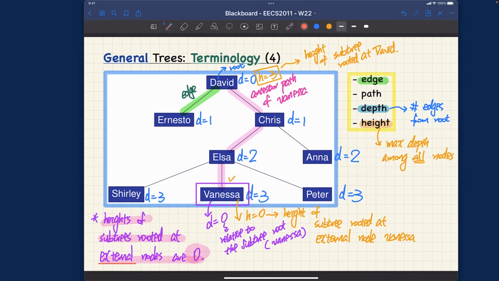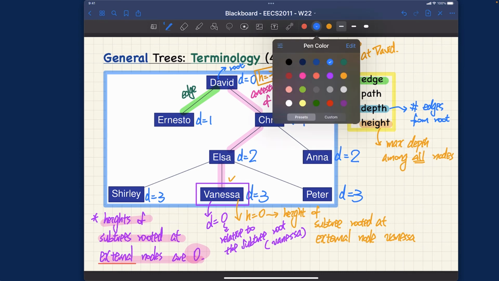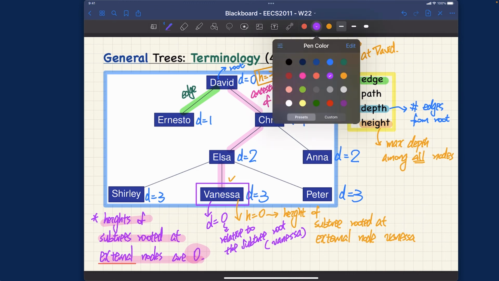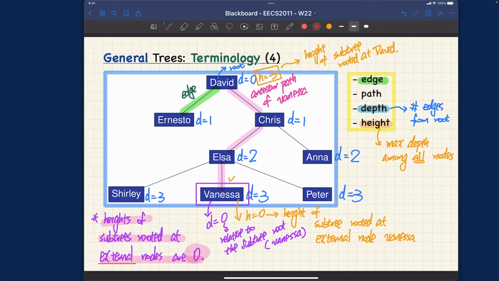Why don't we choose, let's say, quiz over here? Let me use a different color. How about red? Okay, let's say quiz over here. What will be the heights for this particular node? I'm going to use the color red to fill in the depth of all the nodes under this particular subtree.